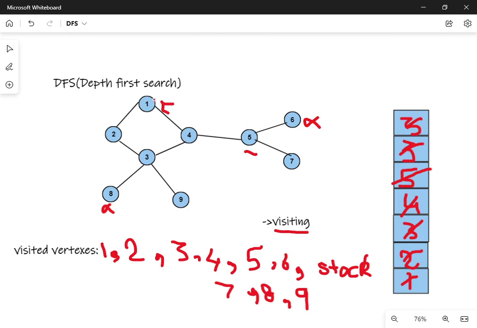When we visited 1, we explored 4 and 2. And once we visit 3, we have to explore 4, 2, 8 and 9. This is the DFS phenomena.